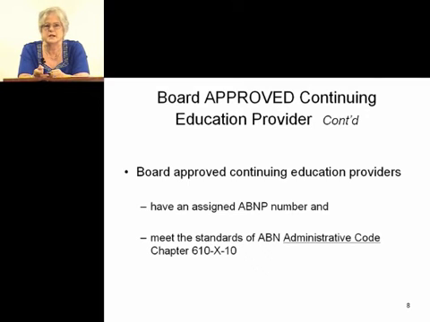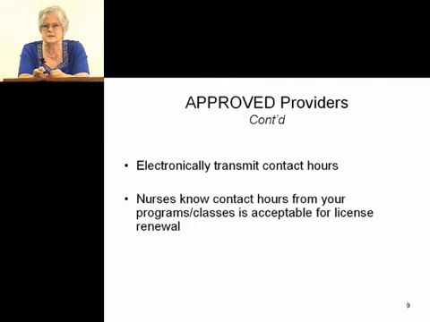Board-approved continuing education providers have an assigned ABNP number that distinguishes them from all other providers. The number has the letters A, B, and P in caps, and then 4 numerical numbers. And board-approved providers meet the standards of Chapter 610-X-10 of the ABN Administrative Code that we're going to be talking about during these 3 sessions.